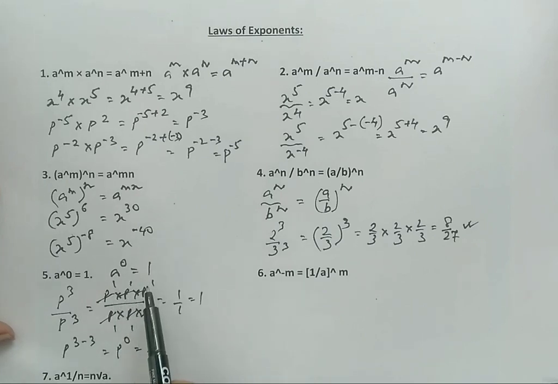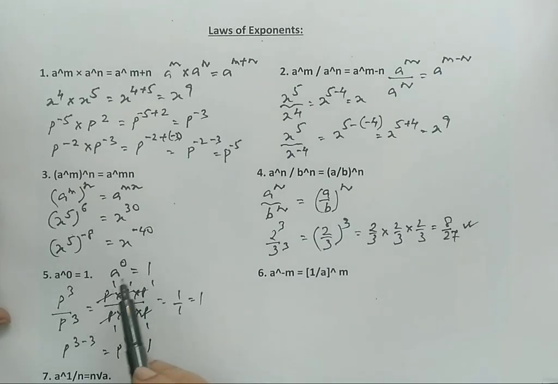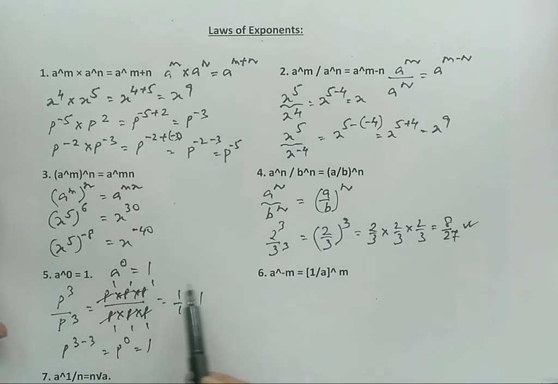So now you see the logic behind anything to the power 0 giving me a 1. Correct, guys? So remember, a to the power 0 or p to the power 0, x, y, z, anything to the power 0 will fetch me a 1 as answer.